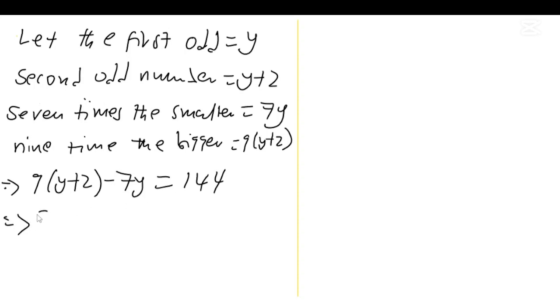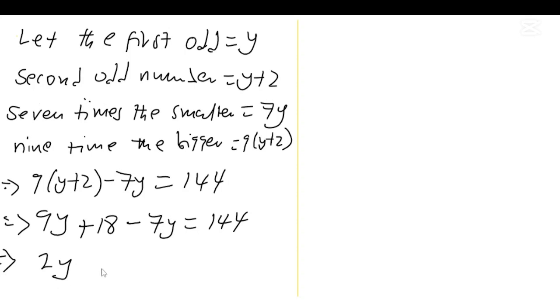Let's expand the bracket. 9 multiplied by y is 9y plus 18 minus 7y, and this gives us 144. 9y minus 7y is giving us 2y equal to 144 minus 18. 144 minus 18 is giving us 126.